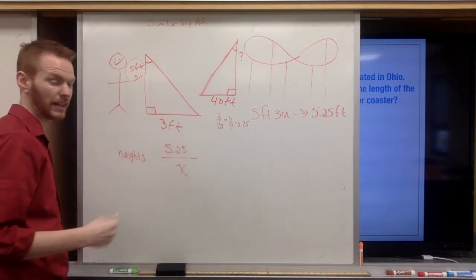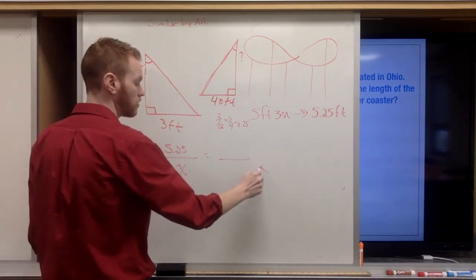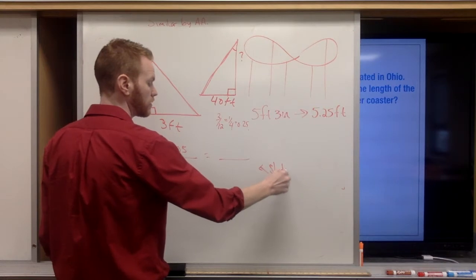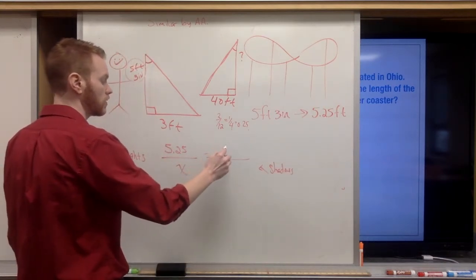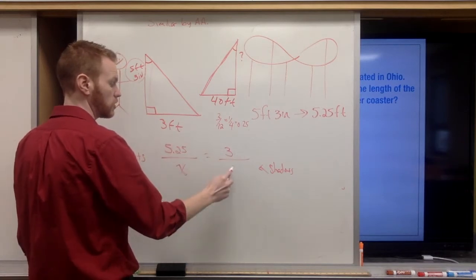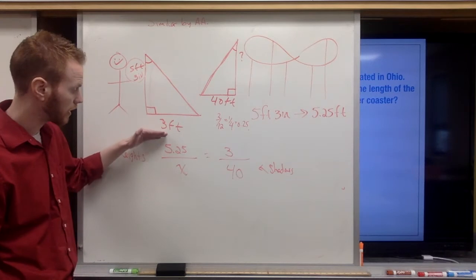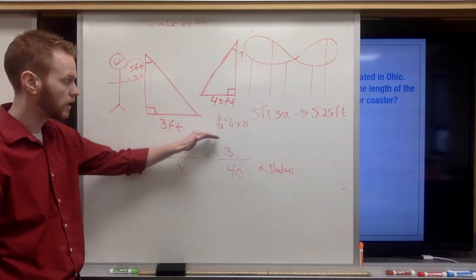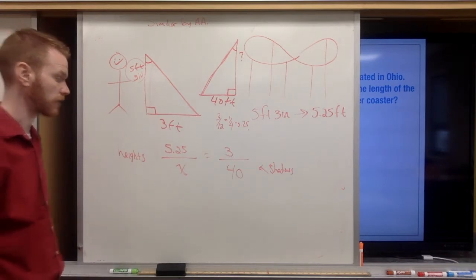The roller coaster's height, I don't know. I'll put x. And then over here, I'll put the shadows together, their lengths. Okay, they're going to be similar to each other by the same scale factor. So then I'm going to have 3 feet for Nick's shadow and then 40 feet for the roller coaster. Now notice I put Nick on top and the roller coaster at the bottom, Nick, roller coaster here at the bottom. You have to be consistent with setting up these fractions.